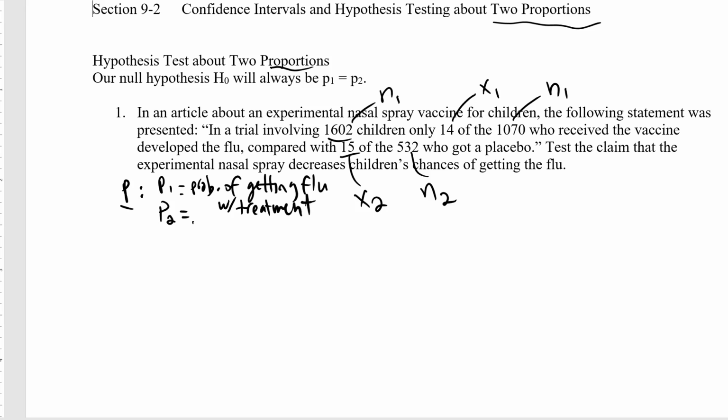Versus the other, P2, would be the probability of getting the flu with placebo.